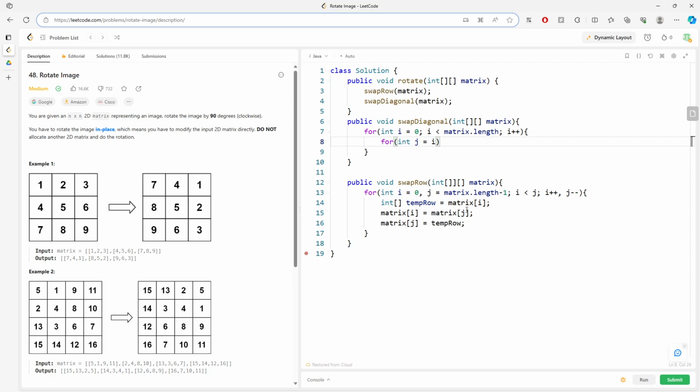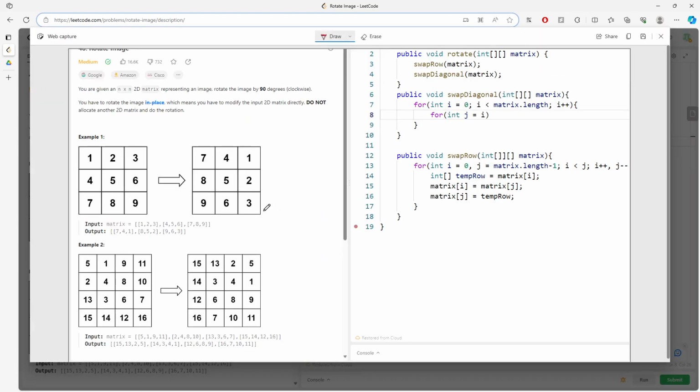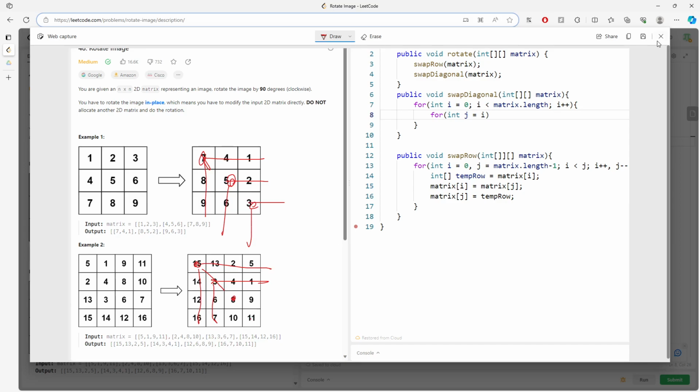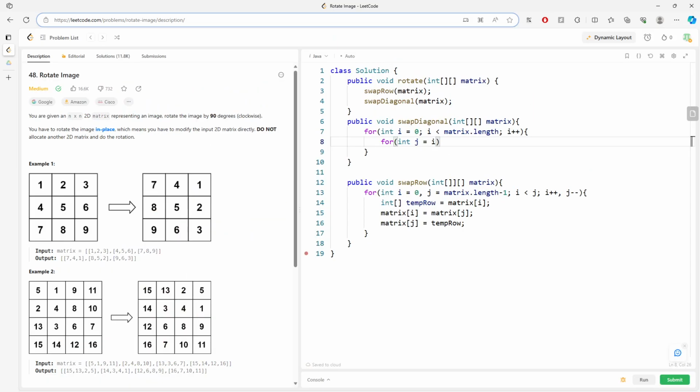This is because you always start at this index and this index, so it's going to be 0,0, 1,1, 2,2, 3,3, and so on. Yeah, keep going.